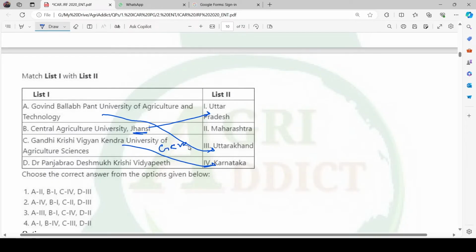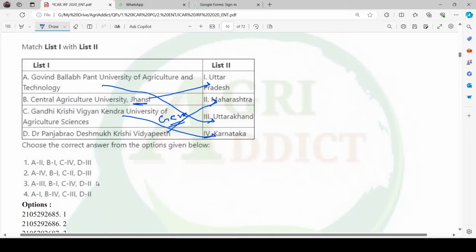Then Dr. Panjabrao Deshmukh Krishi Vidyapeeth, that is in Maharashtra. So here option 3 is correct: A3, B1, C4 and D2.